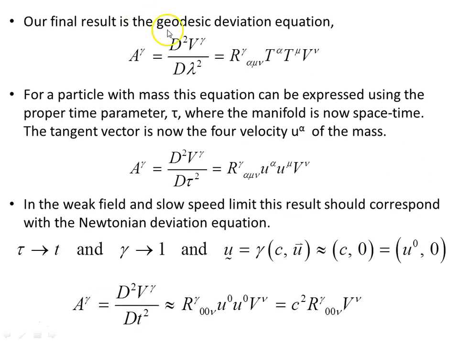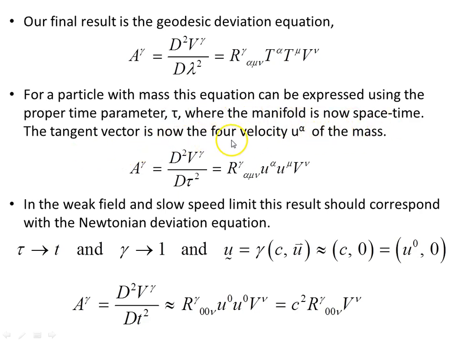Next bit, so our final result is the geodesic deviation equation, so the components of which are a contravariant gamma is this object here, the second derivative of the vector v is equal to this object here. Alright, now, for a particle with mass, this equation can be expressed using the proper time parameter tau. That's the time measured by the particle that carries a clock with it and measures its own time, where the manifold is now space-time.